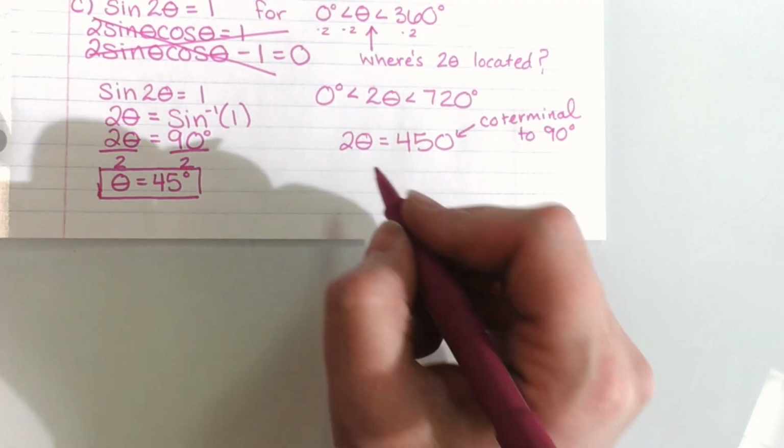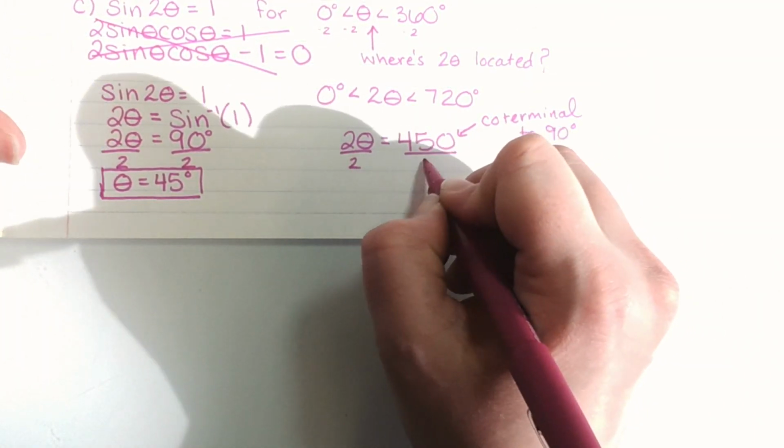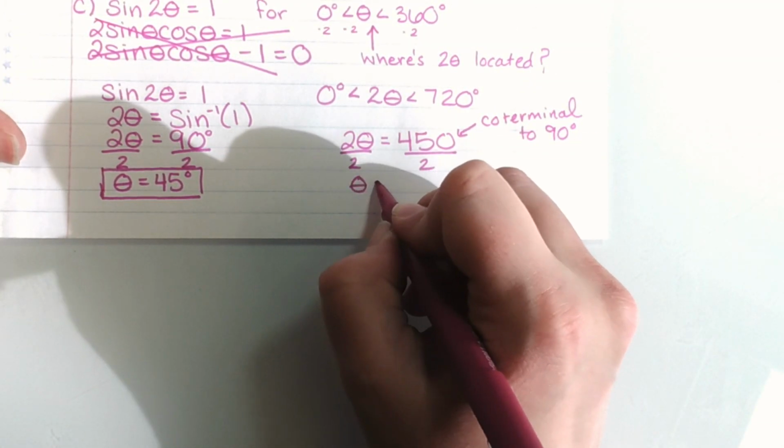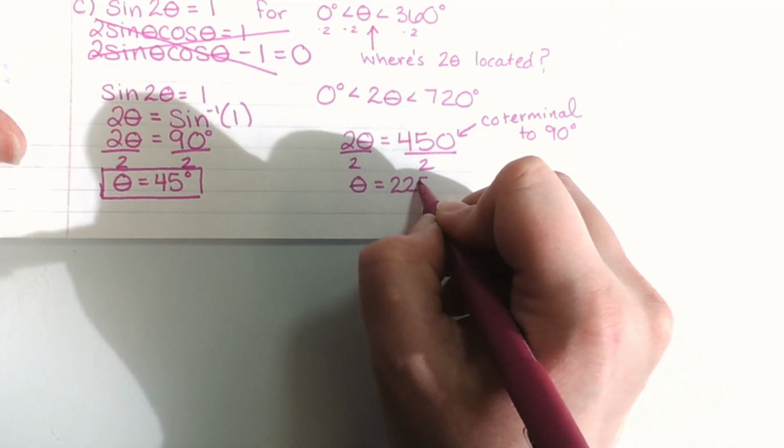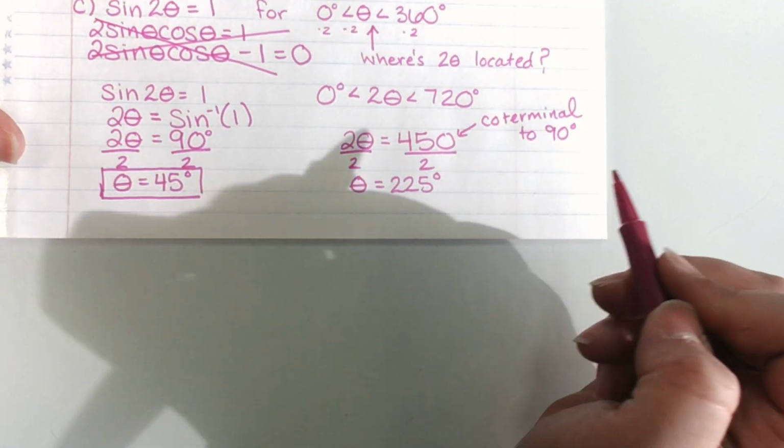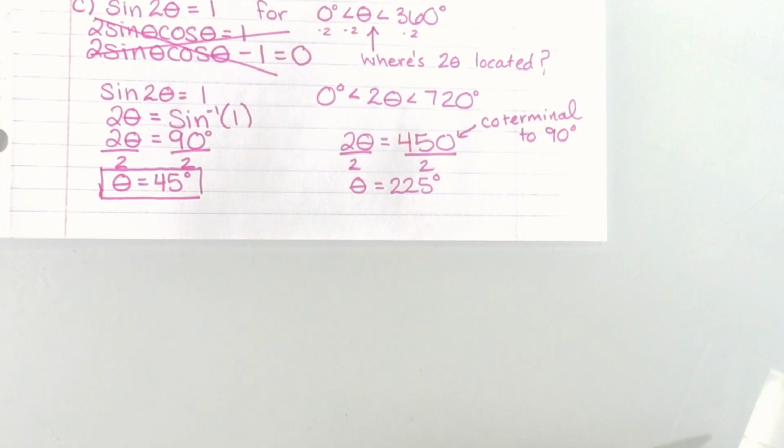And then I divide by 2, and I get 225 degrees for theta. Is that still within the range that I wanted for theta? Yes.